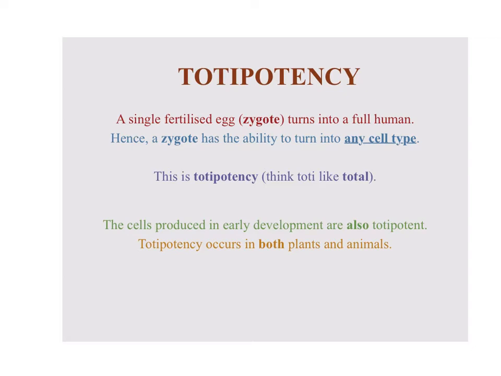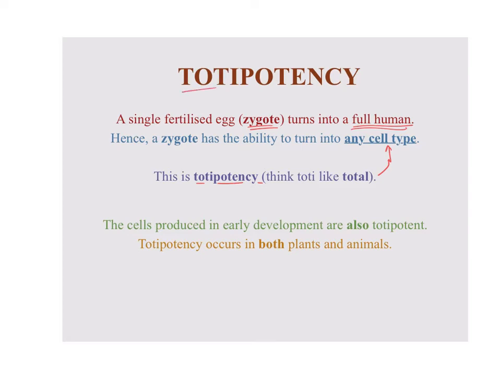When a sperm and an egg come together, that zygote, that fertilised egg, is formed. And throughout the pregnancy, through the developmental stages, that egg ends up a full human. A zygote, therefore, has the ability to turn into any cell type. And we say that the zygote is made of totipotent stem cells. Totipotency, or total potency, means they have the potential to turn into anything.